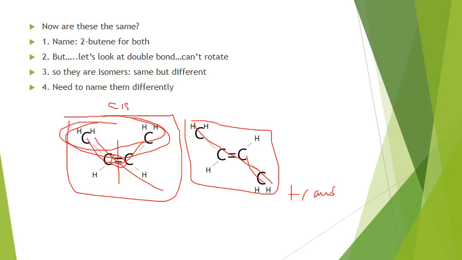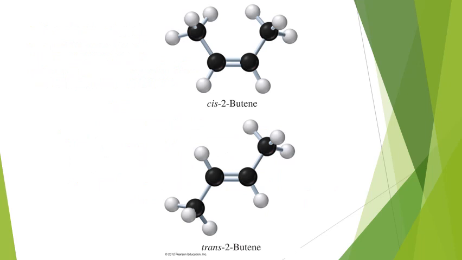And we would name that. So this would be cis-2-butene, and this would be trans-2-butene. Okay, and this is a three-dimensional showing of them. So you can't twist on this double bond. This double bond here locks it in place where you can't twist this guy up here. If you remove that bond right there, you can twist it up here.